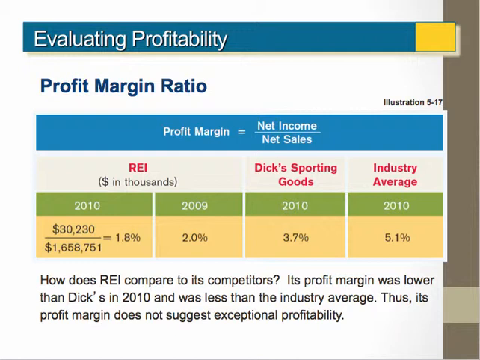Knowing that the gross profit ratio was higher for REI than the comparison companies, what could you figure about REI when it comes to the profit margin ratio, which is lower? Would that tell you that the operating expenses are higher for REI than Dick's Sporting Goods and the industry average? Something to think about as we compare the ratios.